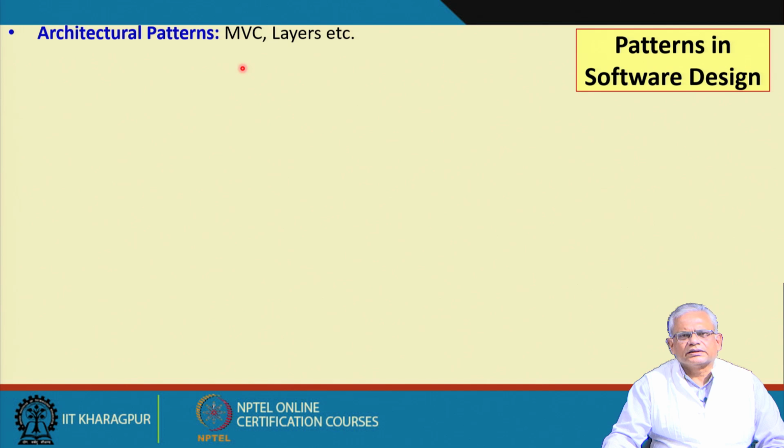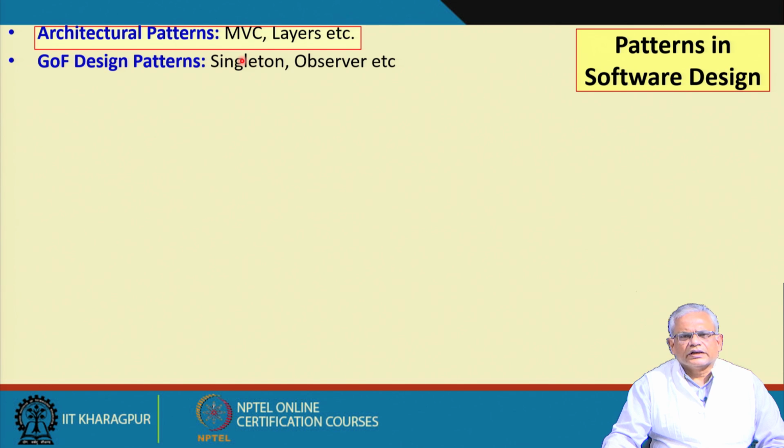MVC, layer, etc., are architectural patterns. We will look at the MVC pattern as we proceed in our discussion. The gang of 4 patterns are extremely popular. We will discuss the important gang of 4 patterns, singleton, observer, etc.